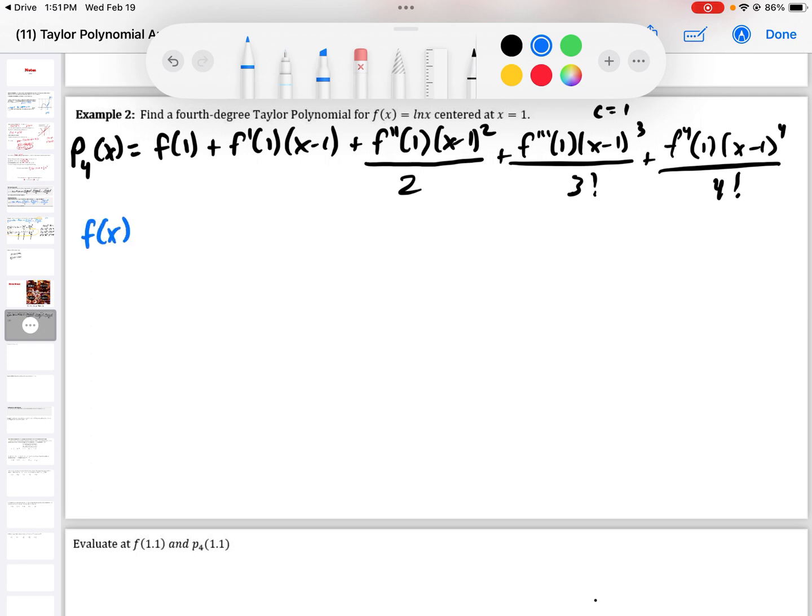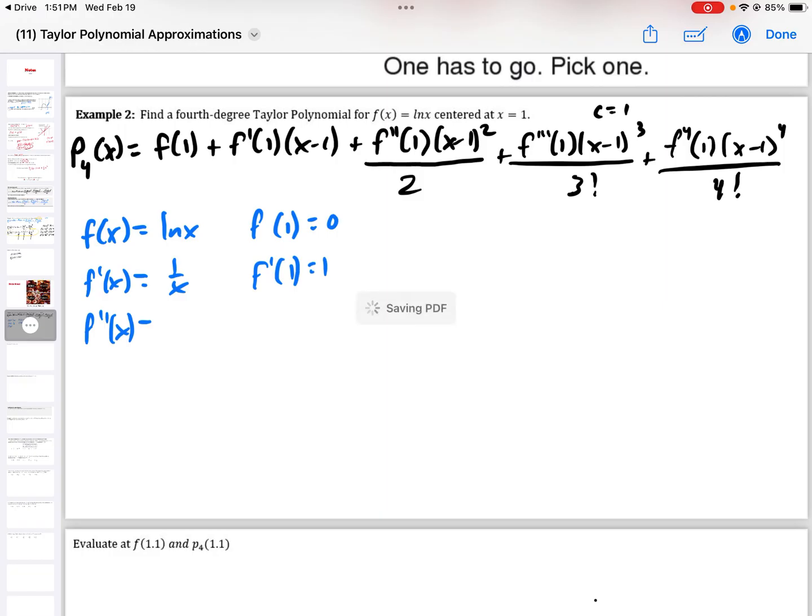Hope that's helping. But now I need to say, okay, f of x is equal to natural log of x. So f of 1 is equal to 0. The derivative of natural log we know is 1 over x. The derivative evaluated at 1 is just 1.